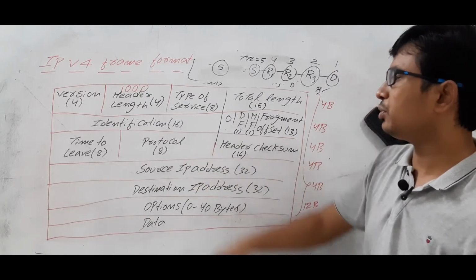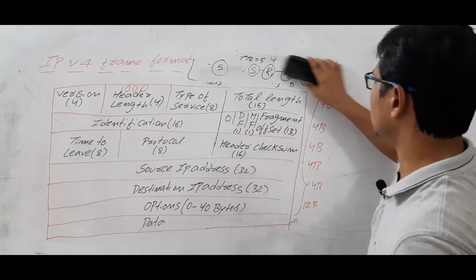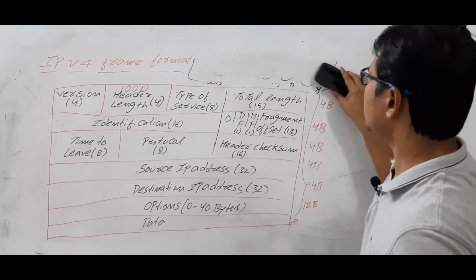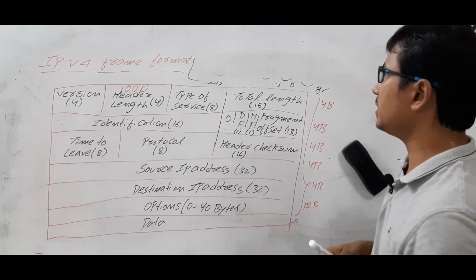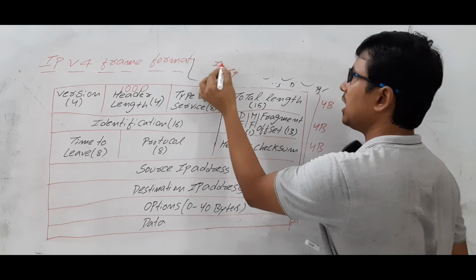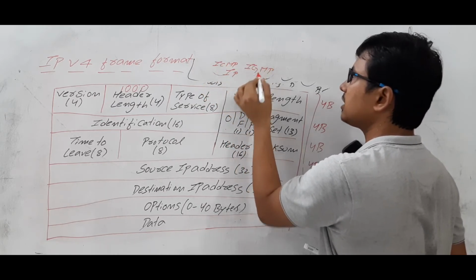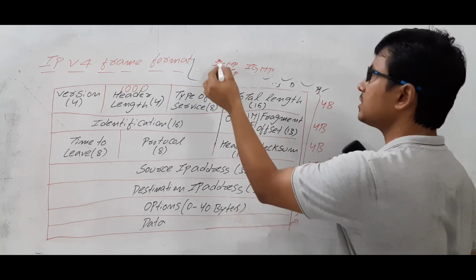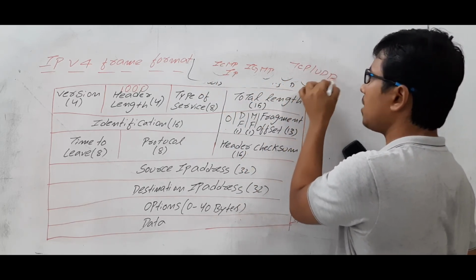And the protocol field: which protocol are you using? Let me discuss again where we use IP in the network layer. In the network layer, we have IP, ICMP and IGMP. And at the transport layer, you can use either TCP or UDP protocols. Am I right or wrong?